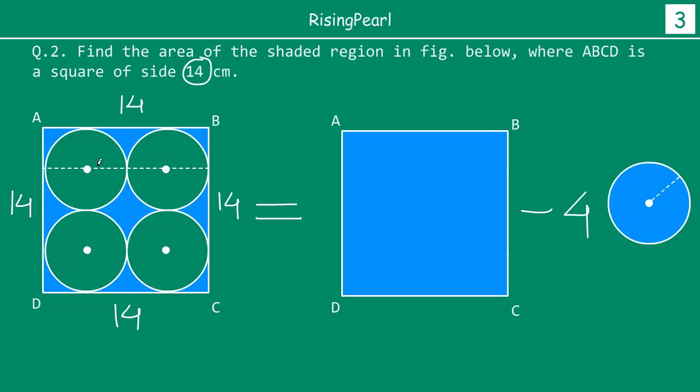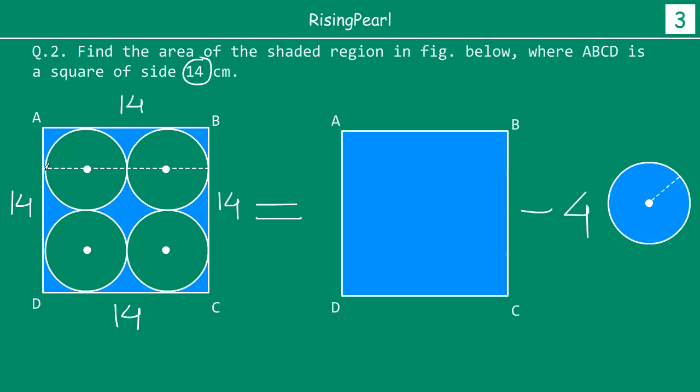Now you should be able to also see that if you draw the diameter of one circle plus the diameter of a second circle, because the circles are touching each other and also the outer edges of the circles are touching the square.